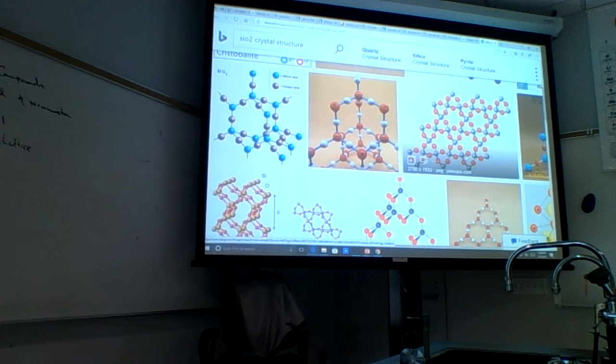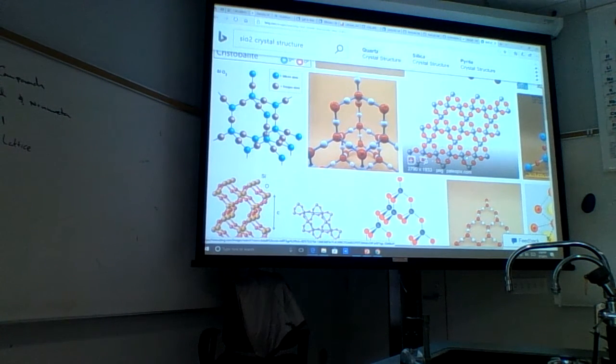Does CO2 have a high melting point or a low melting point? Well, CO2 doesn't really melt. CO2 does something called sublime. If you have a block of solid CO2, call it dry ice, it'll vaporize into a gaseous phase. Does quartz sublime like CO2 sublimes?